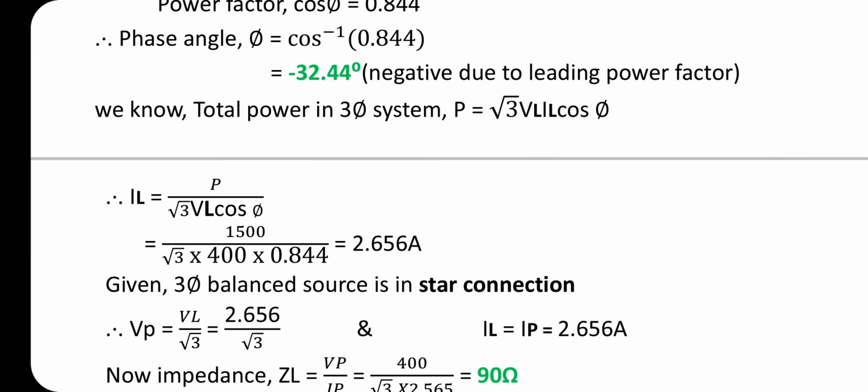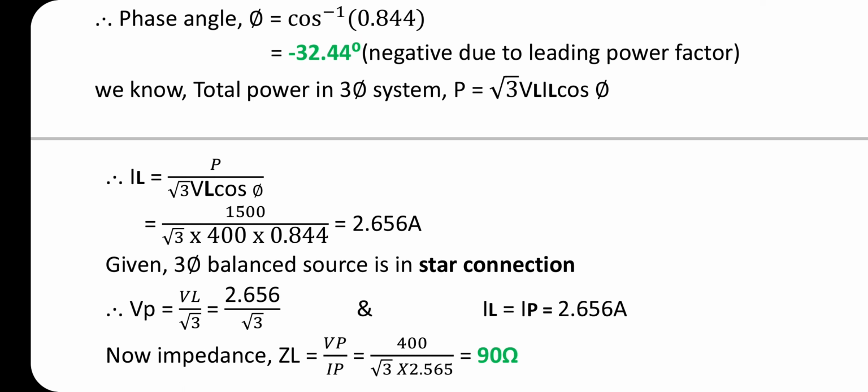We know total power in three phase P equal to root 3 VL IL cos phi. Therefore, after rearranging we get line current IL equal to P divided by root 3 VL cos phi. Substituting the values of P, VL and cos phi, we get IL as 2.656 ampere. The given three-phase balanced source is in star connection, which we can identify from the figure itself.